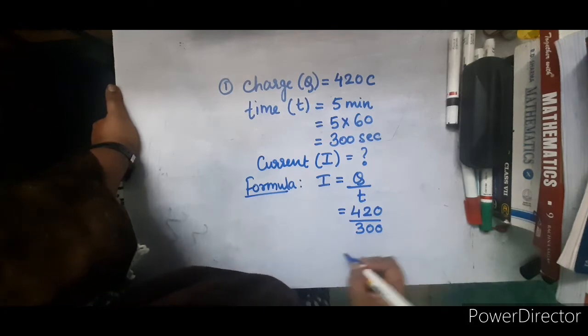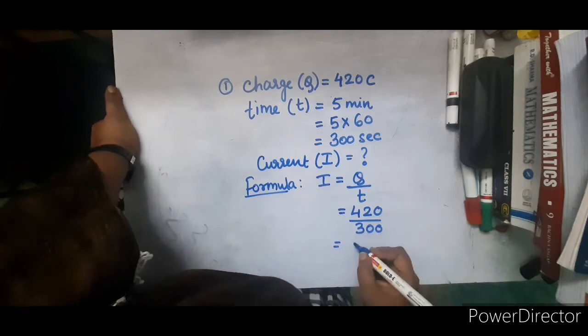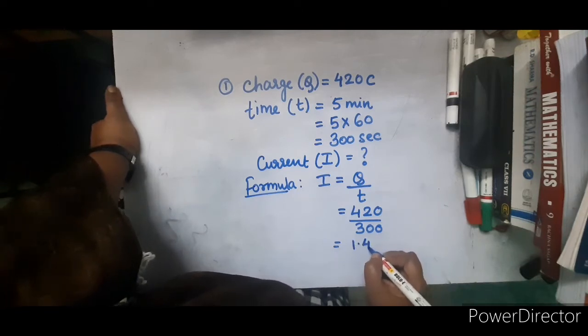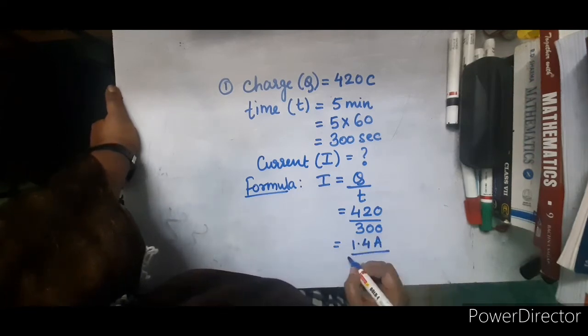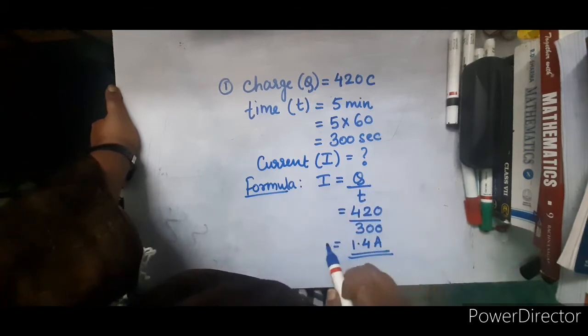When we calculate this further, our answer would be 1.4 ampere. Ampere is the unit of current. So this is the formula we use.